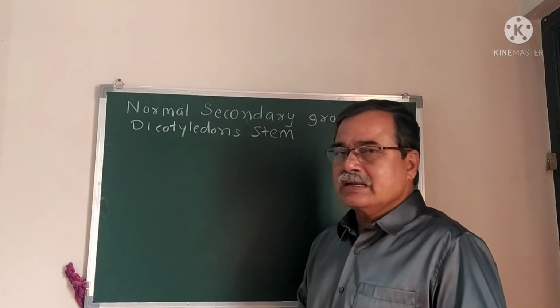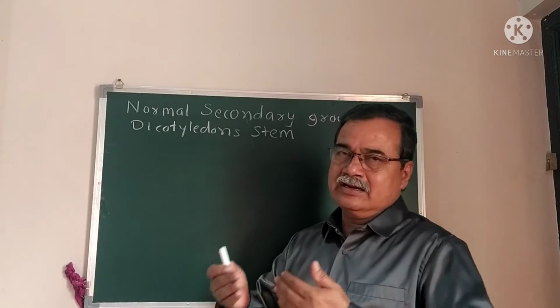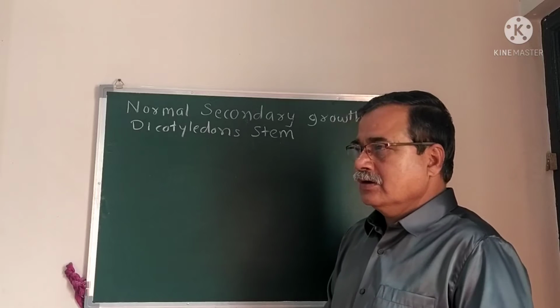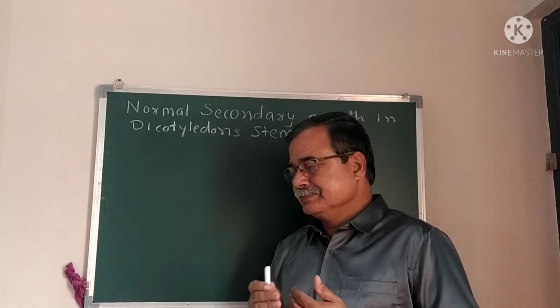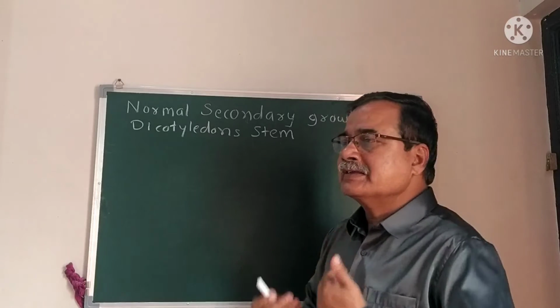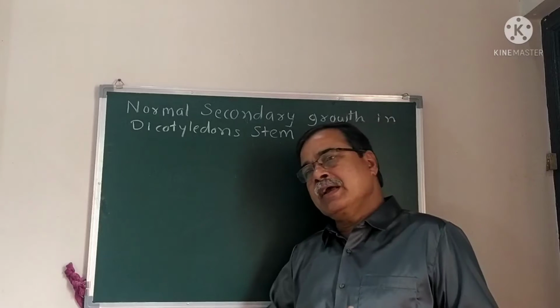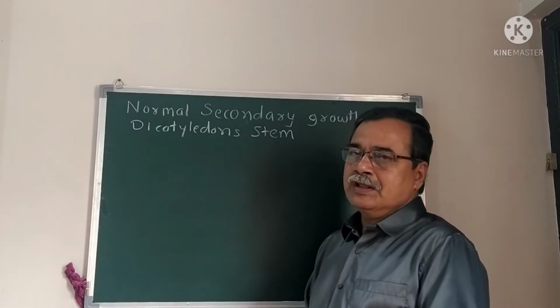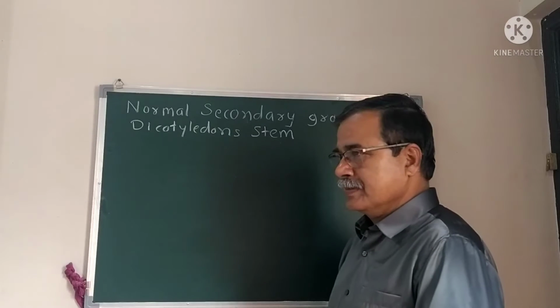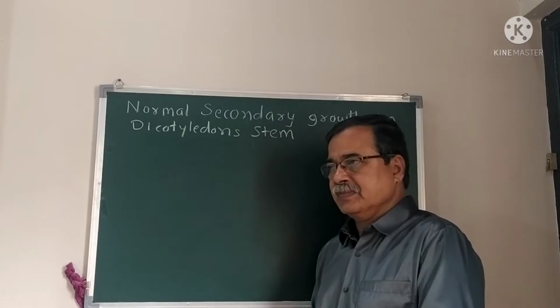To serve this mechanical support, the plant provides secondary tissues due to the vascular cambium. As the demand goes on increasing, the food prepared in the leaves is stored in the phloem and translocated to the growing regions.